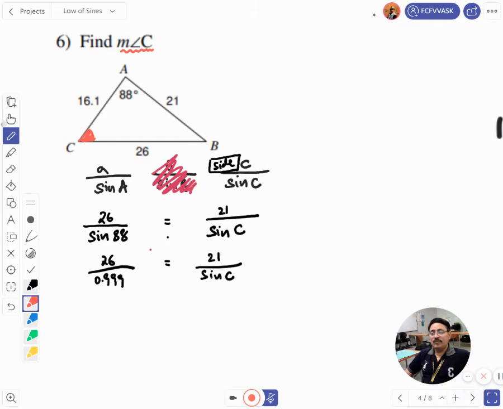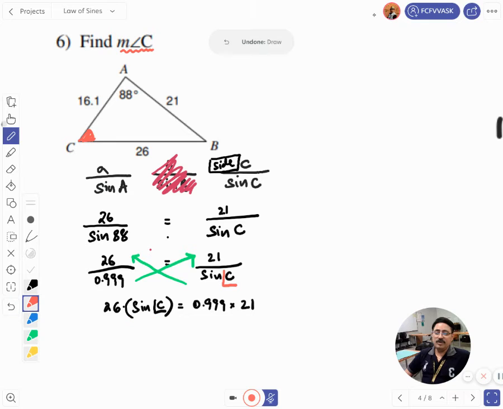Especially when you are finding angles, all the time you may see that the angle to be computed is in the denominator. In such a case, you go for cross multiplication. Therefore, 26 multiplied by sine C equals 0.999 multiplied by 21. Always our aim is to isolate the variable.